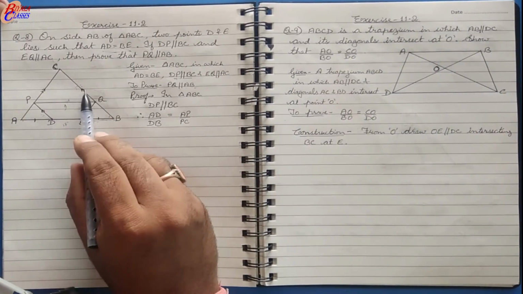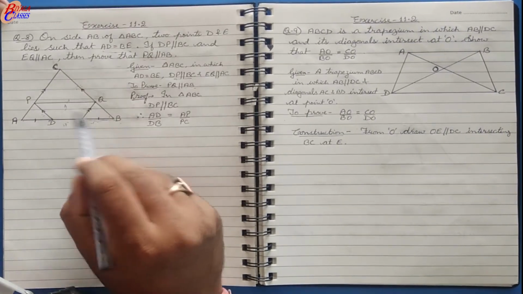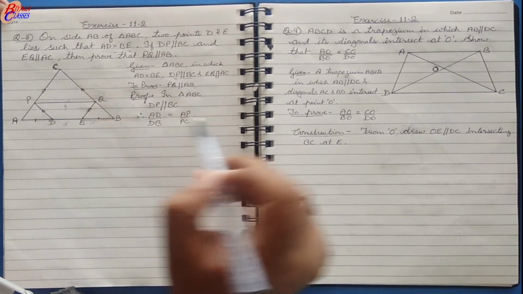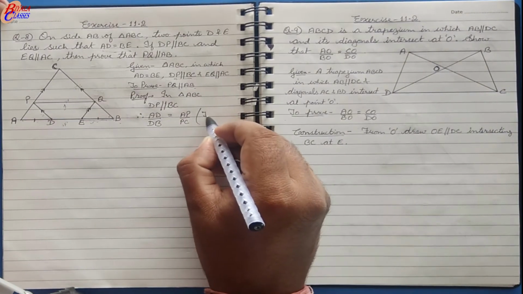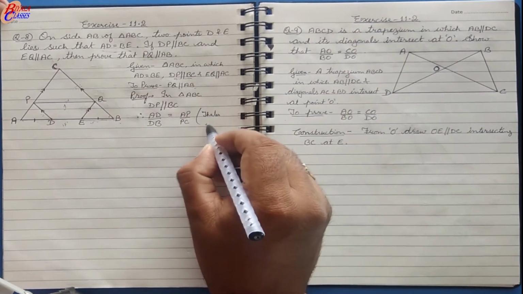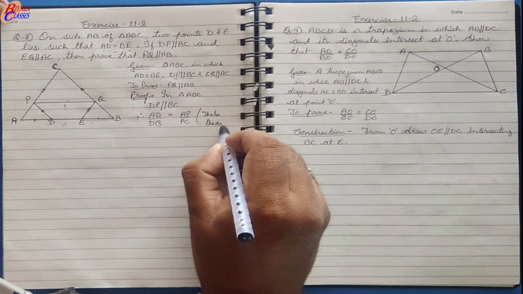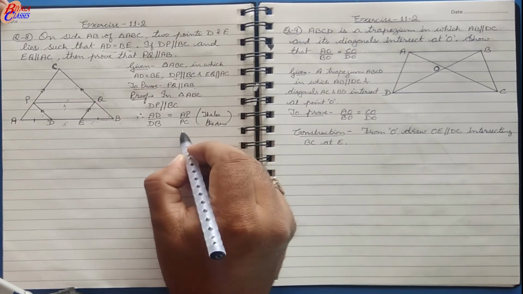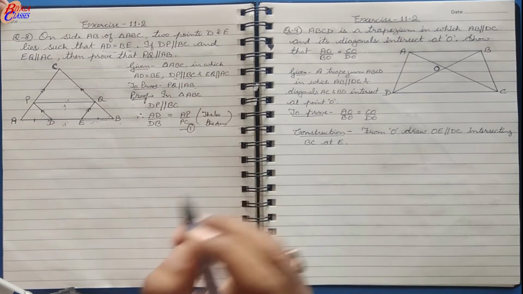Because DP is parallel to BC, AD upon DB equals AP upon PC. This is by using the Thales theorem. Let's consider this to be equation number 1.